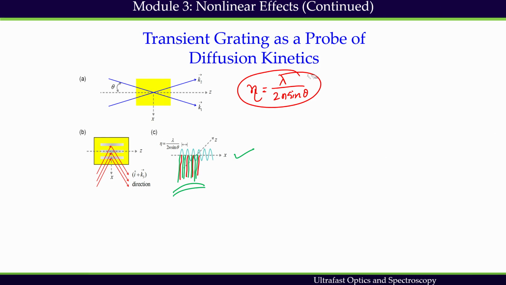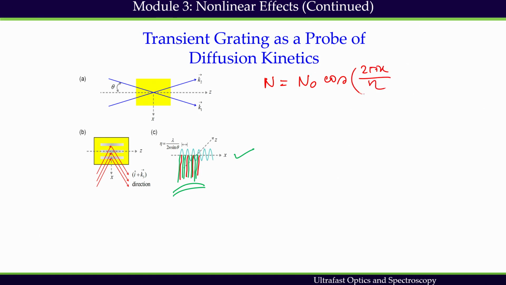So, when we consider diffusion kinetics, we can write down a few equations. N is the population, which will vary along this x-axis like this way, cos 2 pi x by eta. So, this is the way the excited state population will vary.